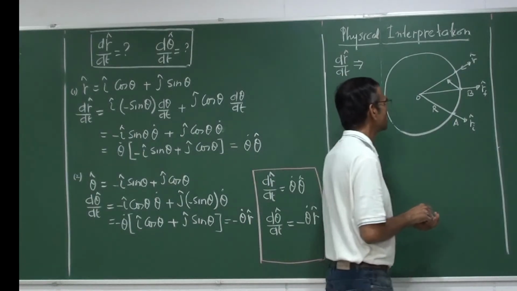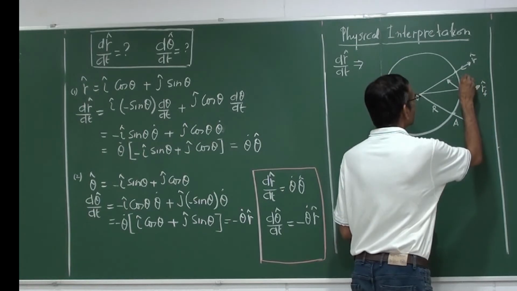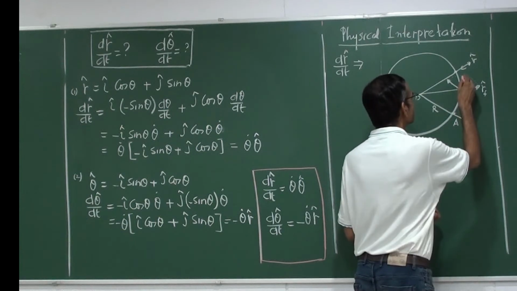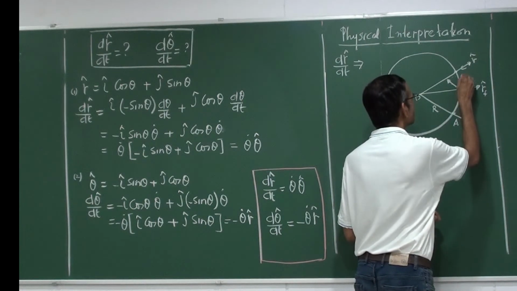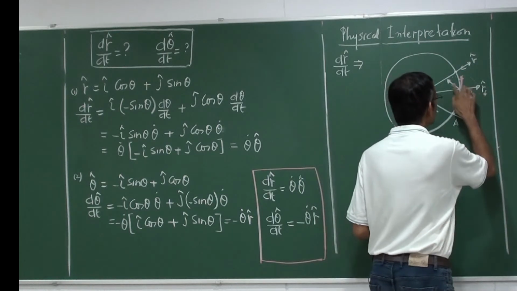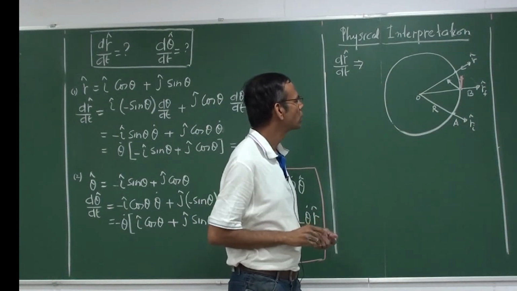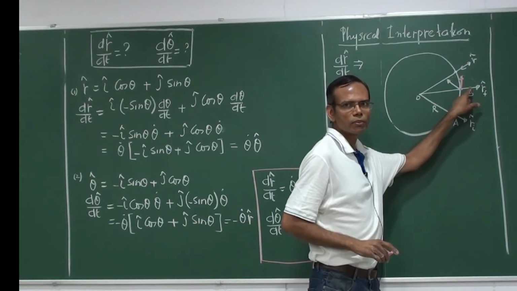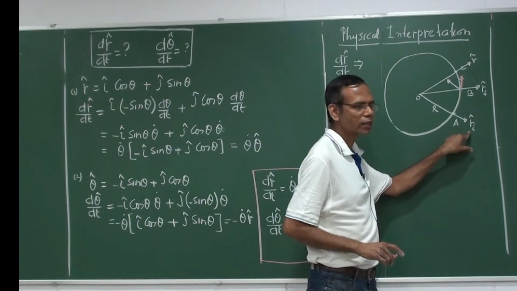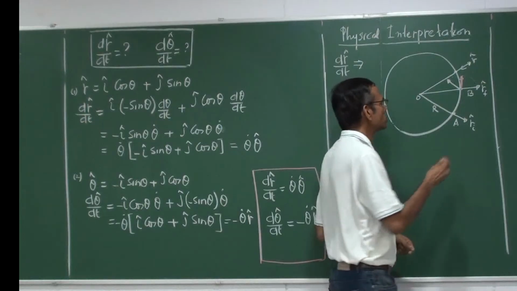So the resultant vector that we get by using your parallelogram law of addition is something like this. The length should be the same, then you get a tangential vector. So this is the resultant vector. So as you see, the derivative of the radial vector or the r cap is in the theta cap direction. So this is your theta cap basically.